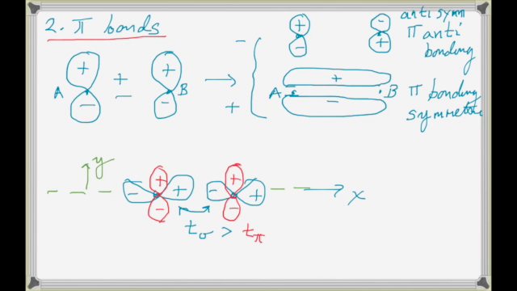If I rotate them around y, nothing happens to the blue orbitals. The red orbitals are anti-symmetric with respect to y. So if I do that integral, I'm going to get 0, just because they have opposite symmetries. One's symmetric, one's anti-symmetric with respect to y.